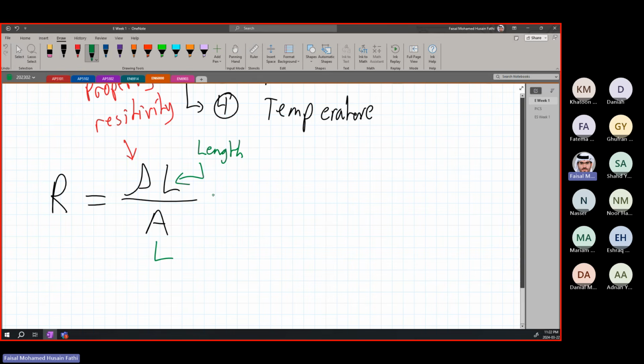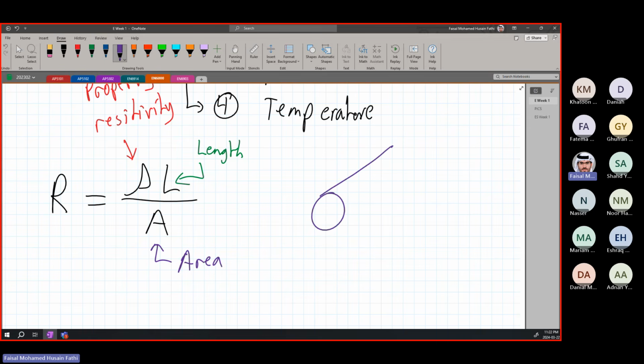And then this is the area, or the cross-sectional area of the wire. So if, for example, let's say it's a circular wire most of the time, it depends on that area, the face of the wire. So let's say this is a wire we have over here. All right.